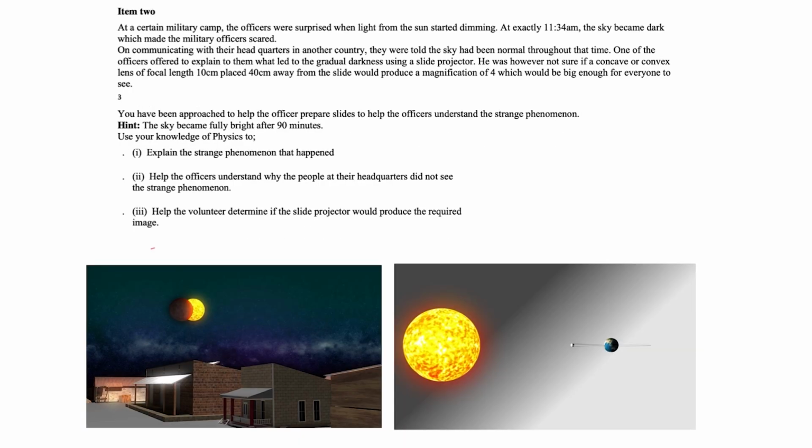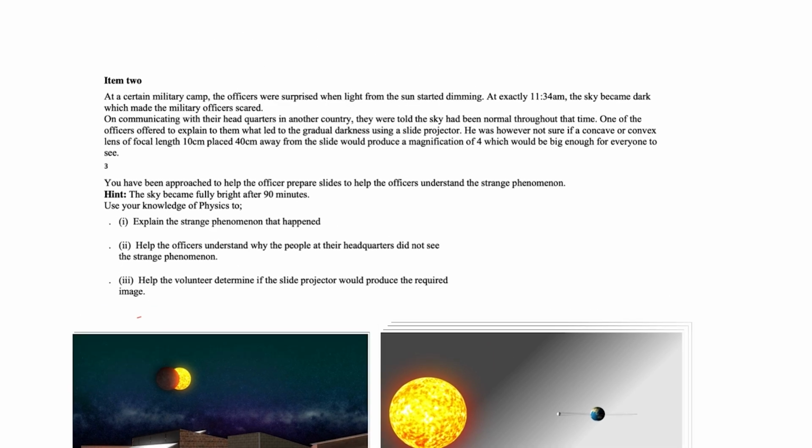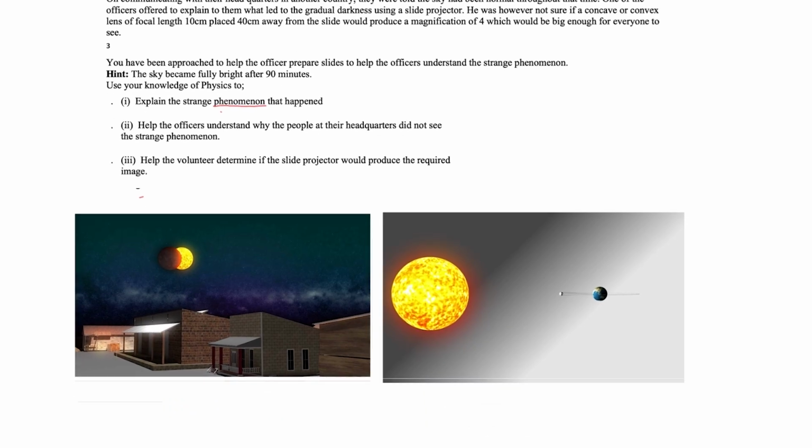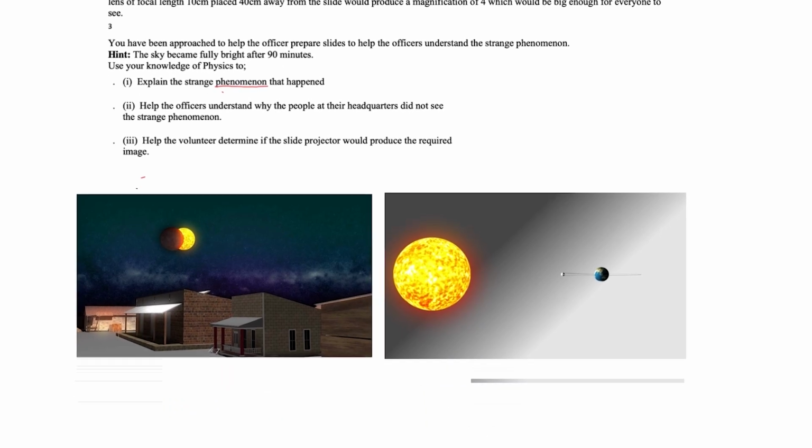Okay, before we rush to answer this item, let us first go back to our question and try to interpret which phenomenon we are really talking about. At a certain military camp, the officers were surprised when light from the Sun started dimming. At exactly 11:30 a.m., the sky became dark, which made the military officers scared. Okay, could they be talking about this?